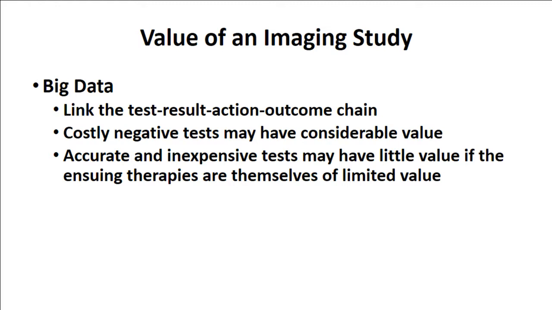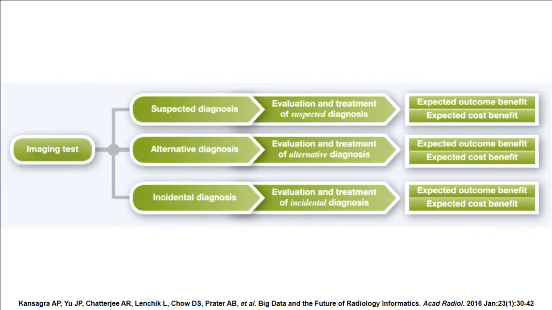A test that has a high negative predictive value that could maybe stop further testing may have a lot of benefit, whereas testing that isn't so expensive but maybe doesn't have a lot of inherent information may be less helpful. And we look here, obviously, as we do a test, there are a number of outcomes that the patient can have.